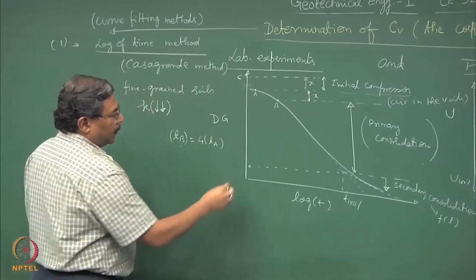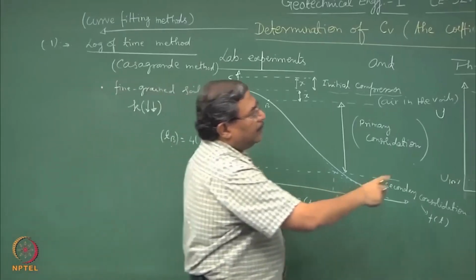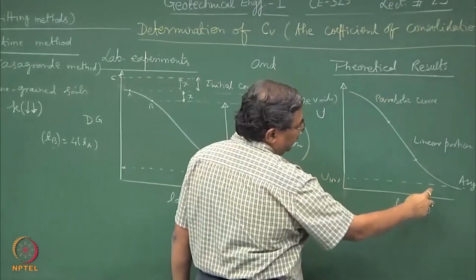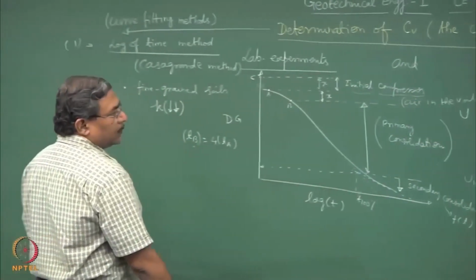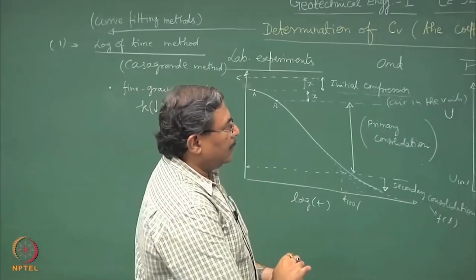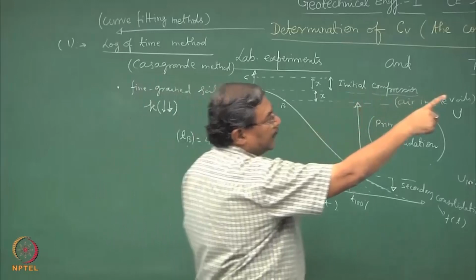All right. Now, this is based on the assumption of what we are getting from the theoretical results. I can use this relationship as long as U is less than 0.6.